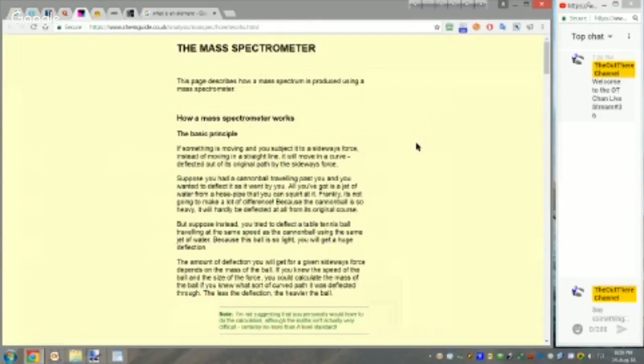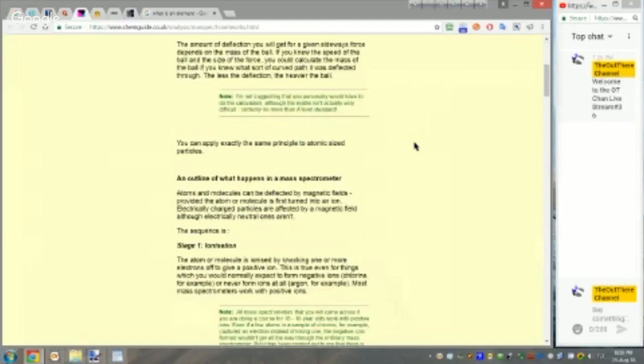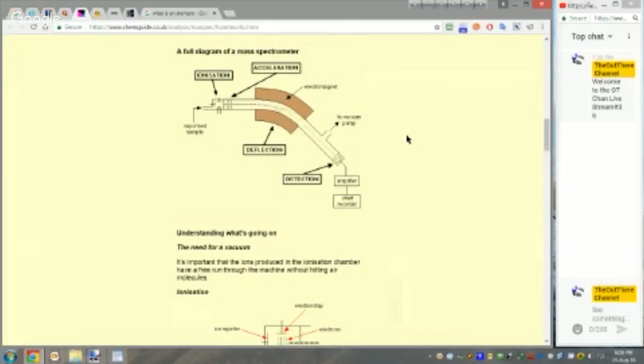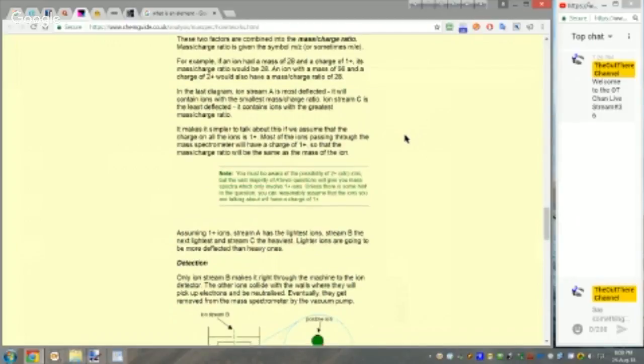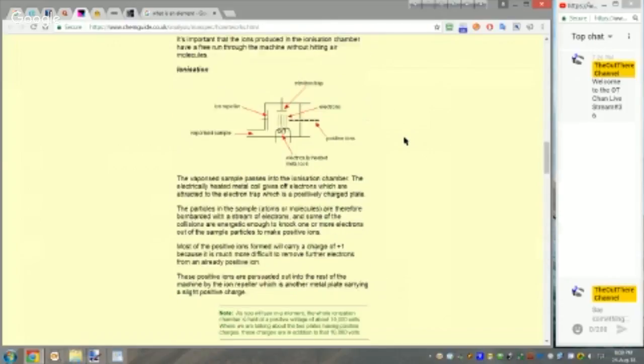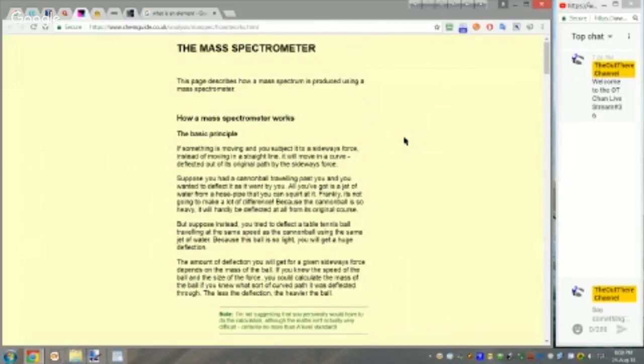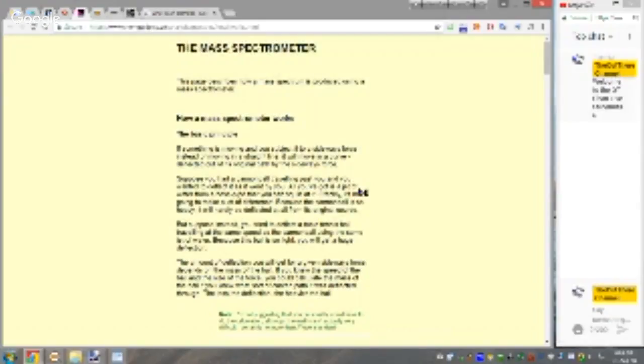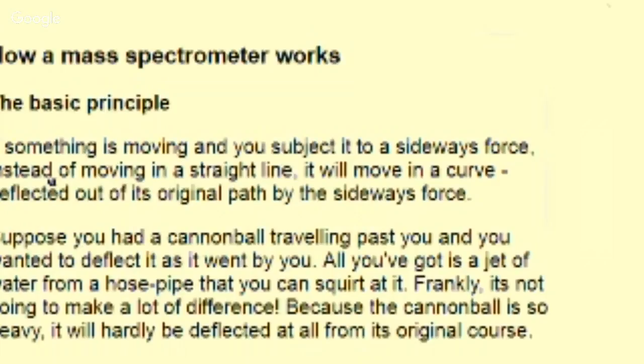And so I googled up this mass spectrometer, and you can see this is the simple version, and it's quite in-depth and involved, and it's the basic principle.